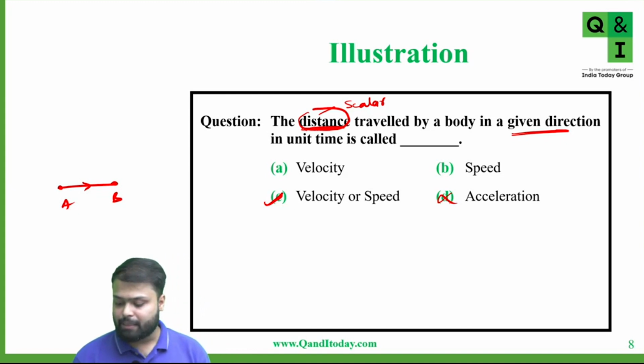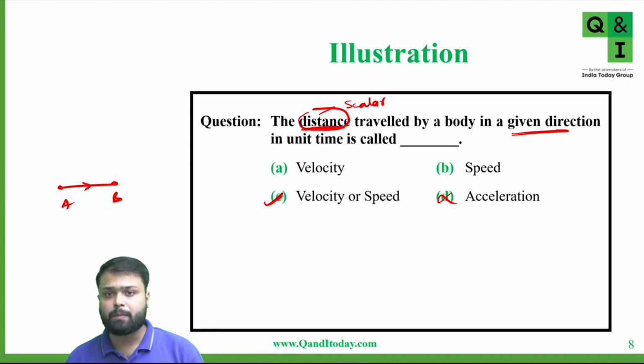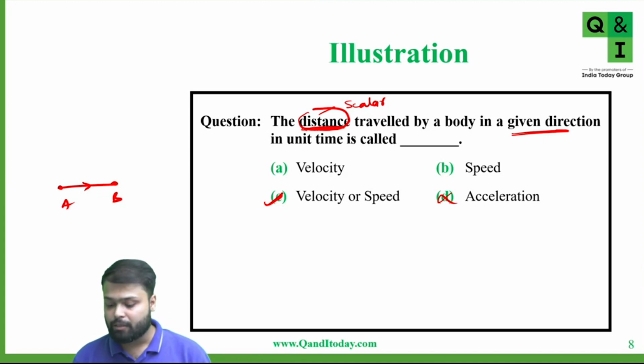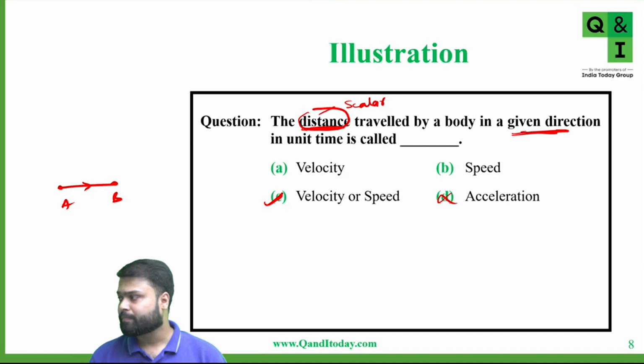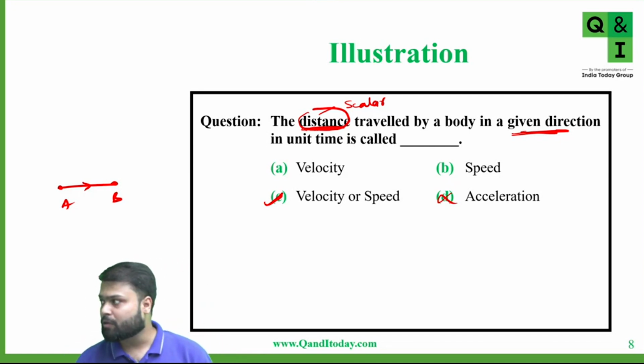Either option A is correct, B is correct, or C is correct. Now tell me, when is distance equal to displacement? When a body is traveling in a straight line without changing the direction, or you can say distance traveled by a body in a given direction. So can we say that in this case distance is equal to displacement? Yes or no?